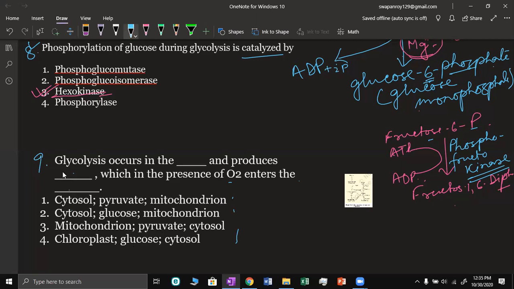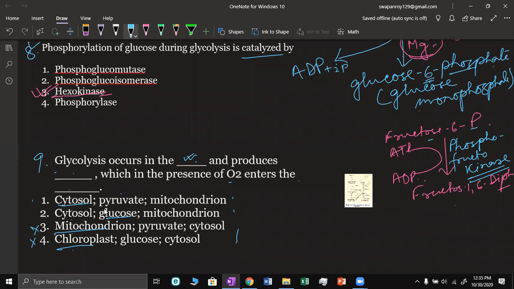Glycolysis occurs in the cytosol, is it? So our answer may be either 1 or 2. Mitochondria and chloroplast, number 3 and number 4, cannot be, because the first dash will be cytosol. And it produces what? It produces pyruvate. Here in the second option, it is written glucose. So no, glycolysis starts with glucose and ends with pyruvate.